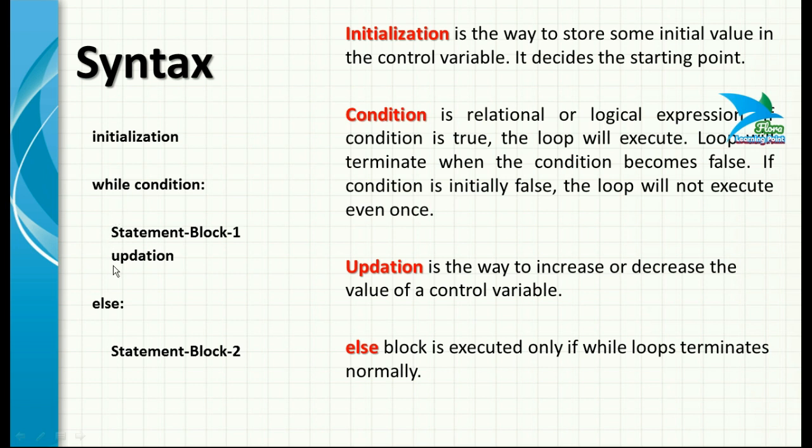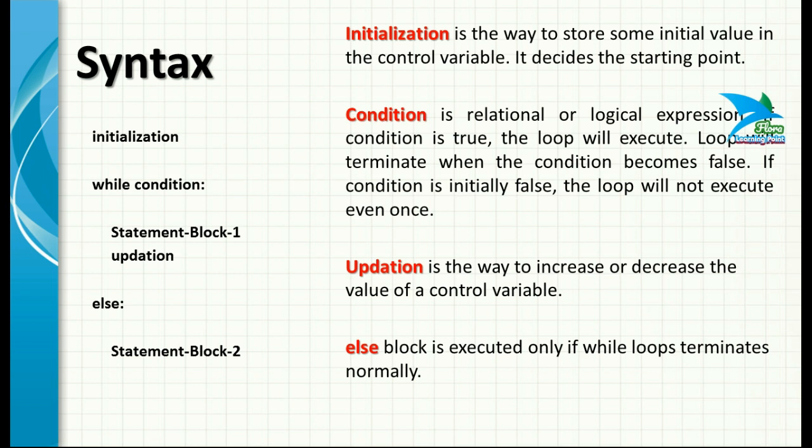Then next we'll discuss updation. Updation is the way to increase or decrease the value of a control variable. In while loop, we have to manually update the value of the loop variable. There is no auto updation, or default updation, in the loop variable like we have in for loop.